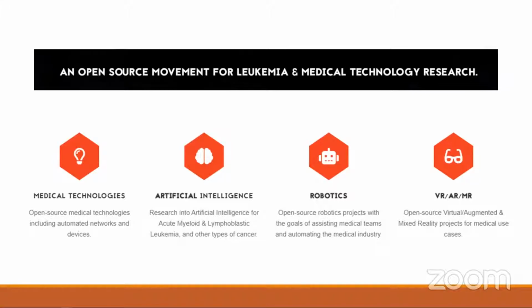So here are some of the projects they work on, for example, medical technologies, which I have mentioned some of them. They work with artificial intelligence, which is the main case study of this talk. They also provide solutions for robotic projects, for assisting medical teams and automating the medical industry.